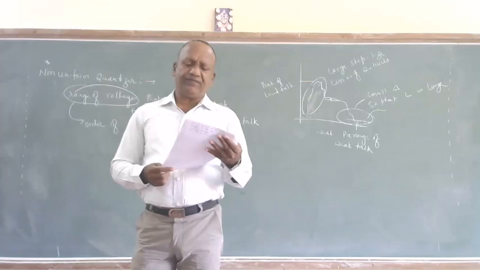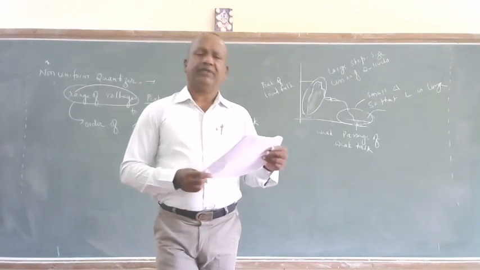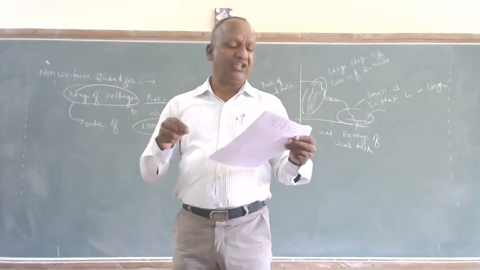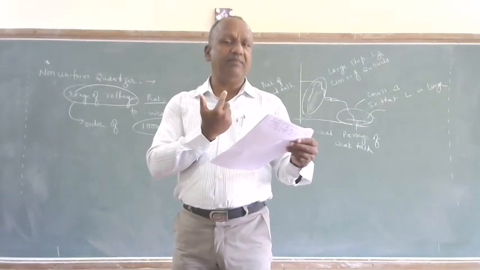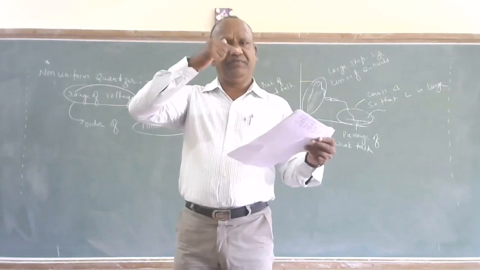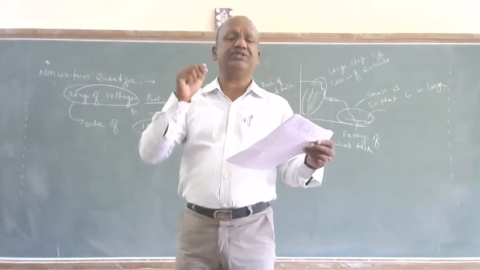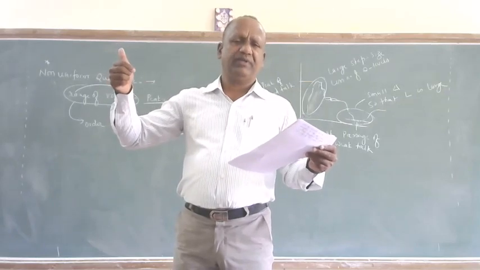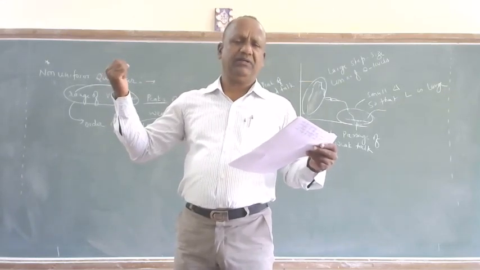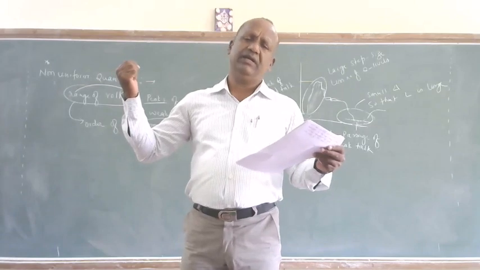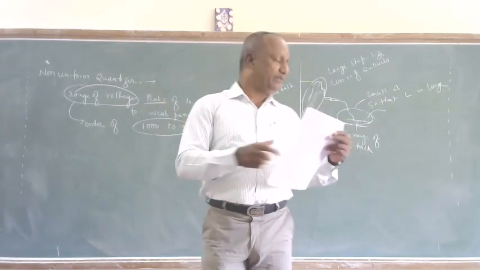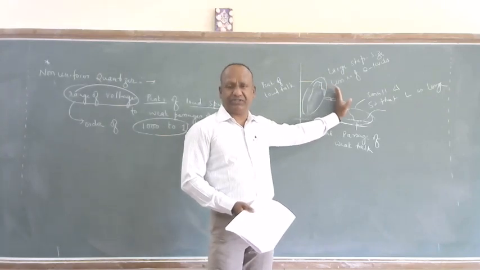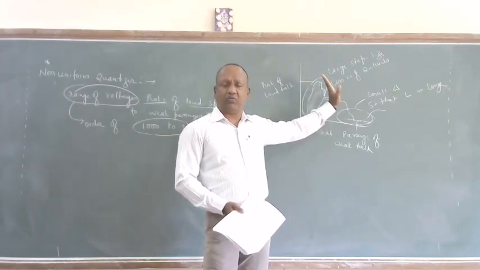So, use of non-uniform quantizer. First, try to understand. Now we are thinking about the implementation of non-uniform quantization. We discussed why to use a non-uniform quantizer. First, I defined what a non-uniform quantizer is, where the step size delta is variable. It is called a non-uniform quantizer. Then I explained when we prefer non-uniform quantization, under what conditions and for what examples.